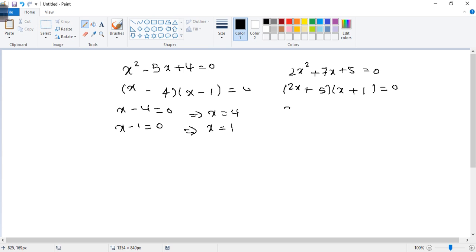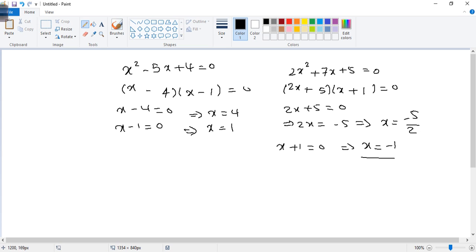That's fantastic. 2x plus 5 equals 0, that will lead to 2x equals minus 5, which leads to x equals minus 5 over 2. And the other one, x plus 1 equals 0, that will lead to x equals minus 1. That means x has got two roots. The first root, x equals minus 5 over 2, and the second root, x equals minus 1.